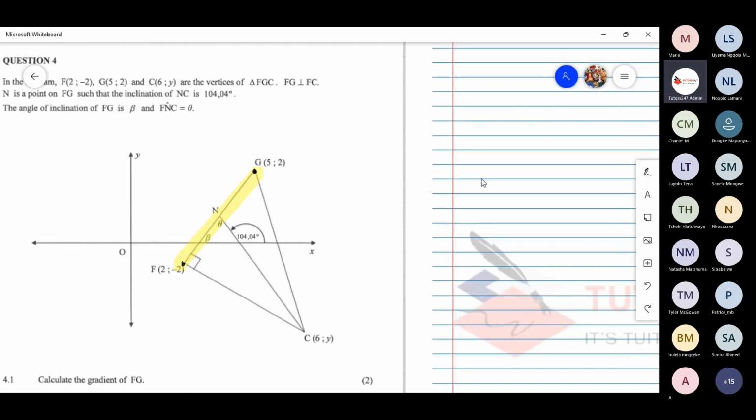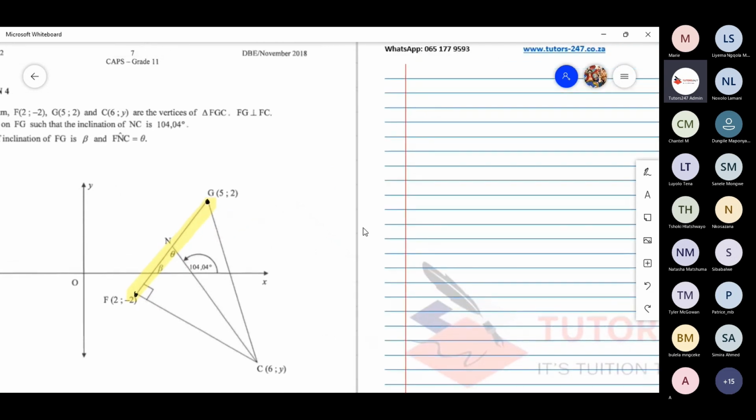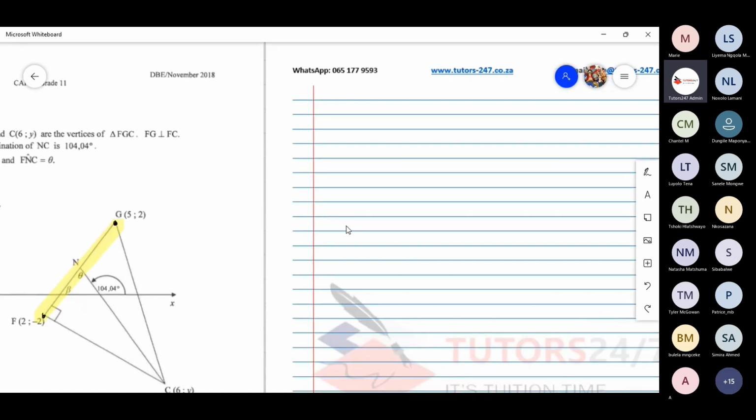All we need to do is put in our formula, substitute the given values, and that'll give us our gradient of FG. So our formula is m equals y2 minus y1 over x2 minus x1.